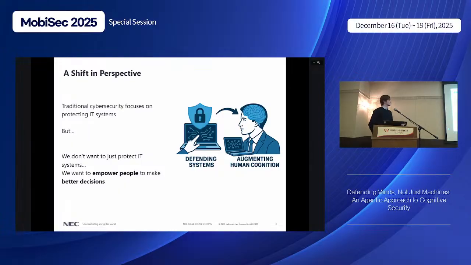In the future, we don't want to just protect IT systems. We want to empower people to make better decisions. That is, we want to go from defending systems to augmenting the human condition of the people who are protecting.